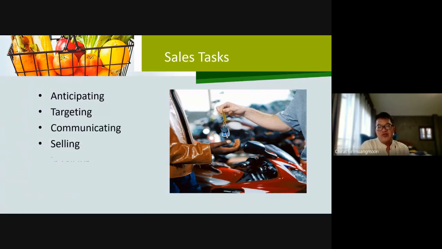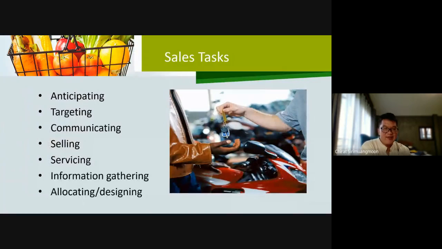What is the job for our sales representatives? First one, anticipating. You need to predict the demands of the products or the service. You need to target the consumers. You need to focus on the specific group of the consumer. You need to communicate with your consumers. You need to sell.